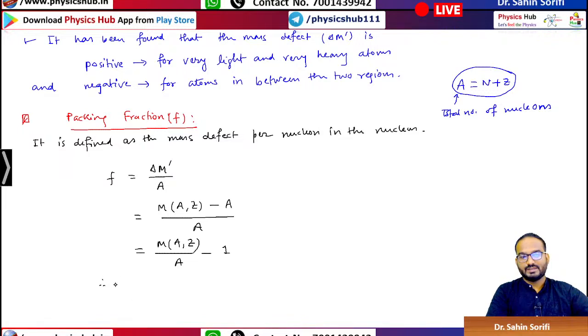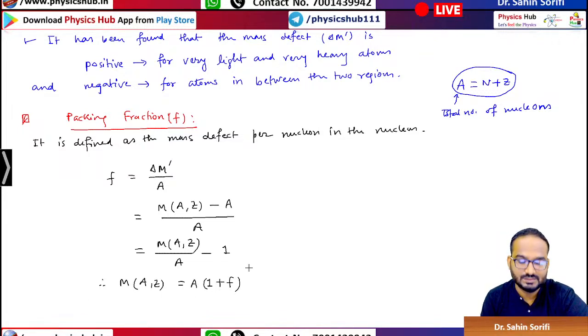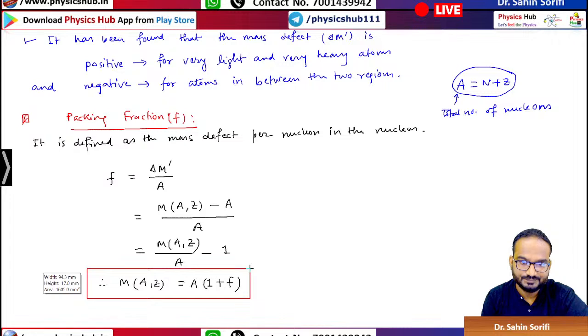So we can express the mass of the atom in terms of the packing fraction: the 1 goes to the other side, giving 1 plus F, multiplied by A.